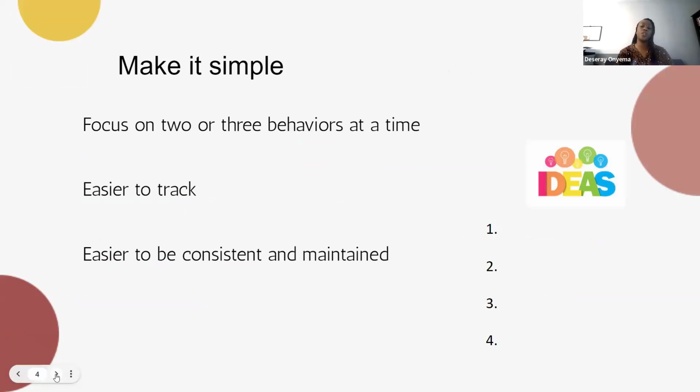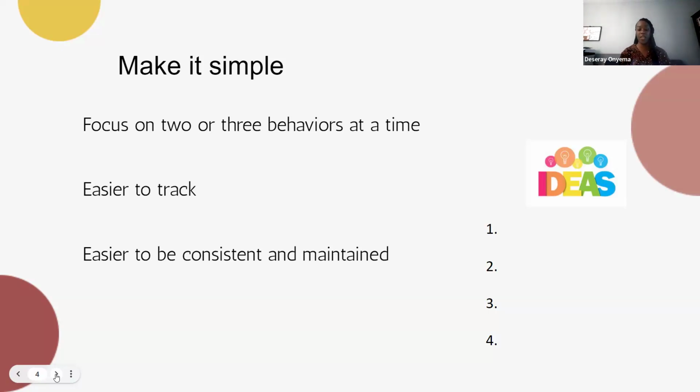But you don't really want to start with 5 behaviors or 7 behaviors. One reason is because it's very difficult to be consistent and maintain that, and it's going to be harder to track. In a reward system, you have to be able to observe the child doing the behavior you would like them to improve on.